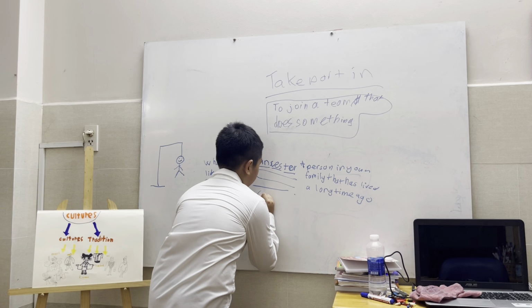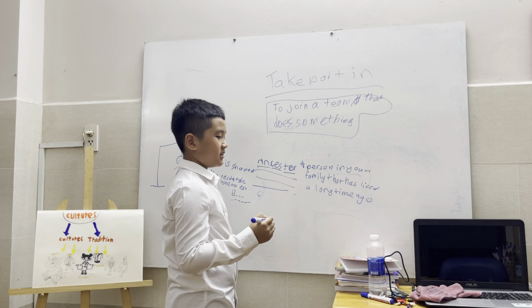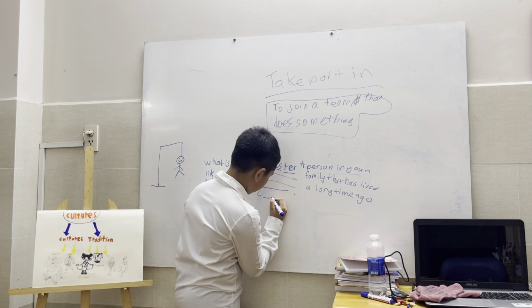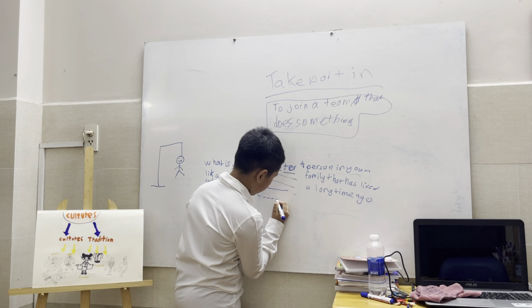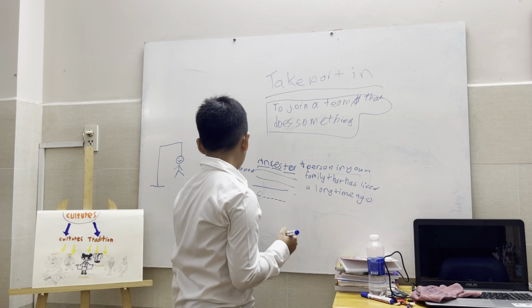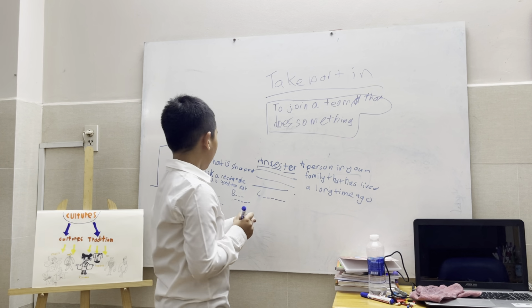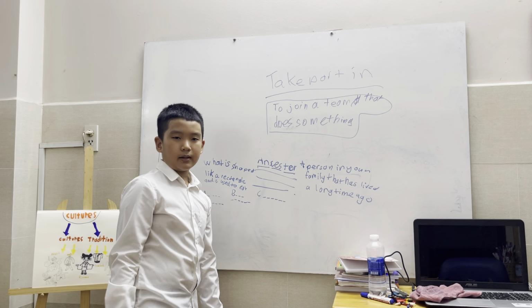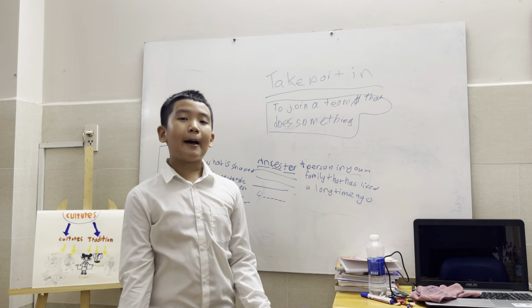And C is our second crossword. So, now which one do you choose? The first crossword, the second crossword, or the third crossword? Well, I'm going to close my eyes and pick a random one.